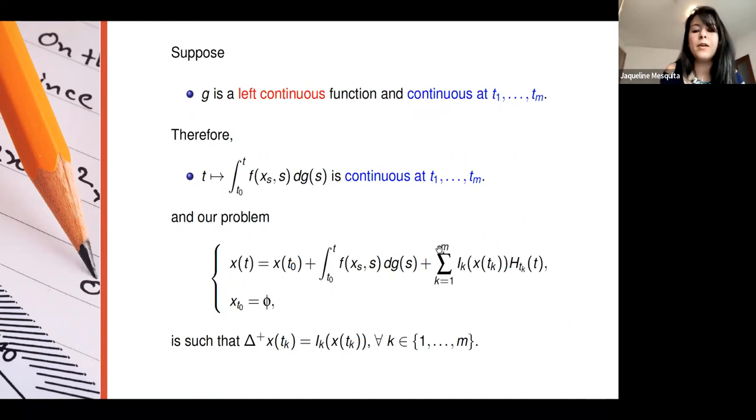So this is our impulsive problem. And when G is the identity, this is the impulsive equation. So we can have a relation between measure differential equations and impulsive differential equations. We can have this bridge.